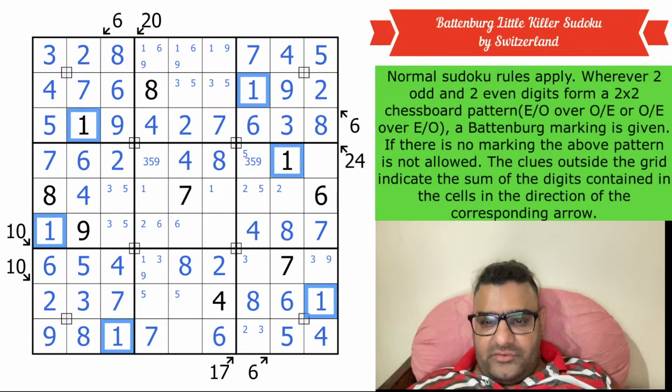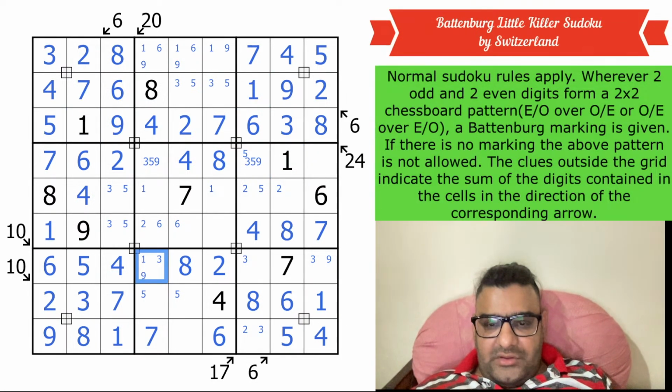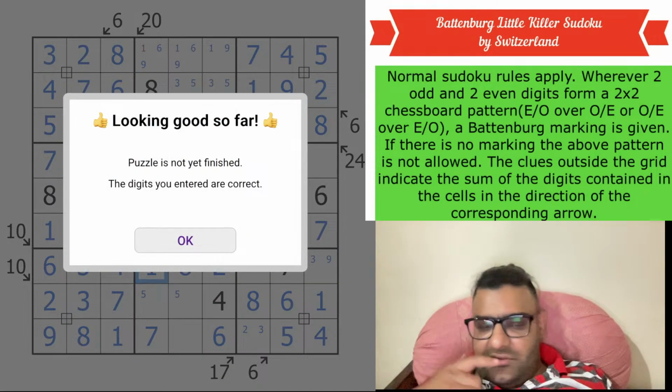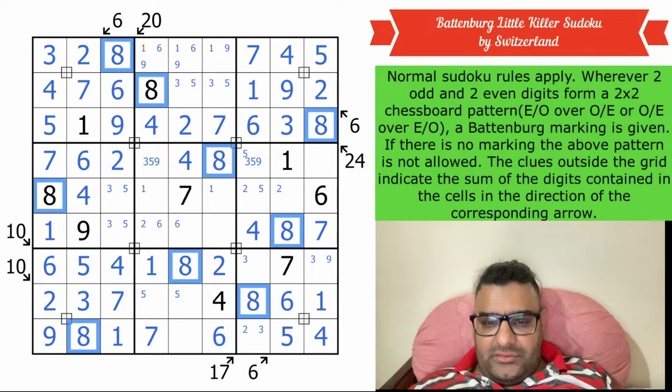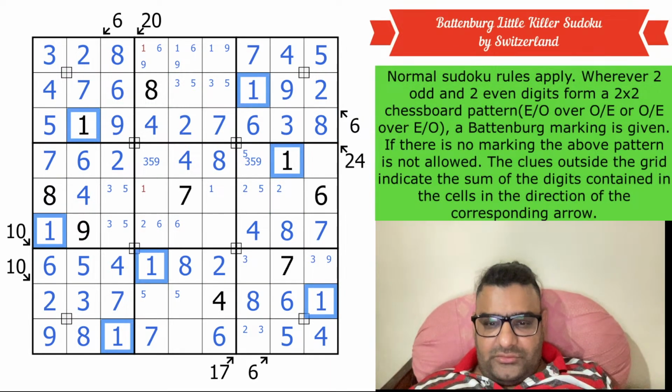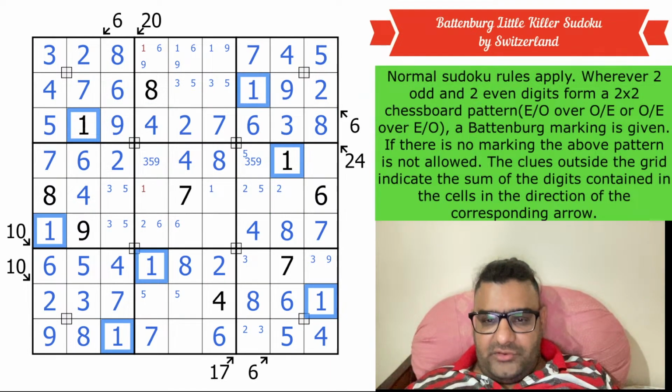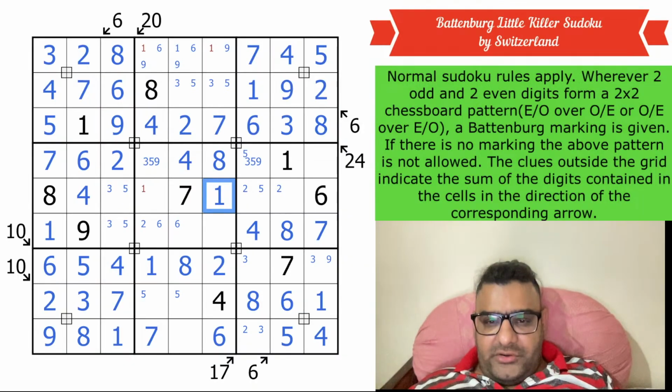Let's check 1 again. 1 cannot be here. 1 is not here. 1 is here. Yes, right. If I check 1 again, 1 cannot be here, 1 is here, right?